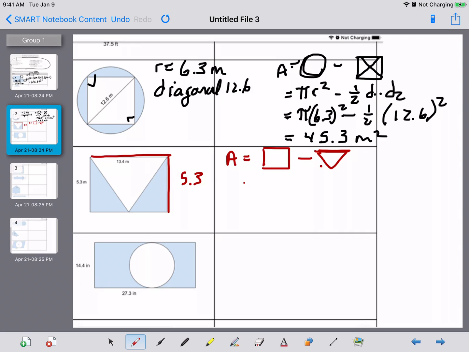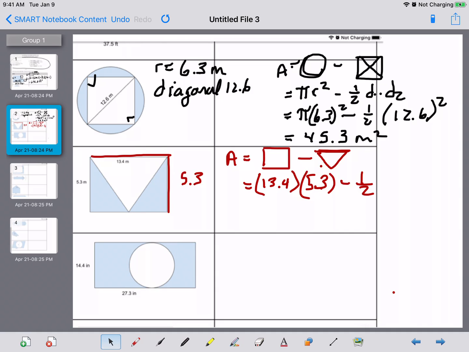So I've got measurements for what I need. My rectangle is base times height, which is 13.4 times 5.3, minus my triangle, which is 1/2 base times height.